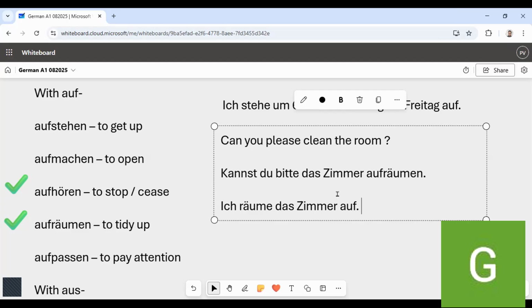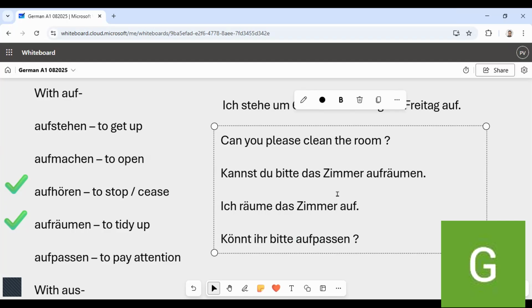Suppose my students are not paying attention and I want to ask them, kannst du bitte aufpassen? Can you please pay attention? How will the sentence be framed? Aufpassen means to pay attention.